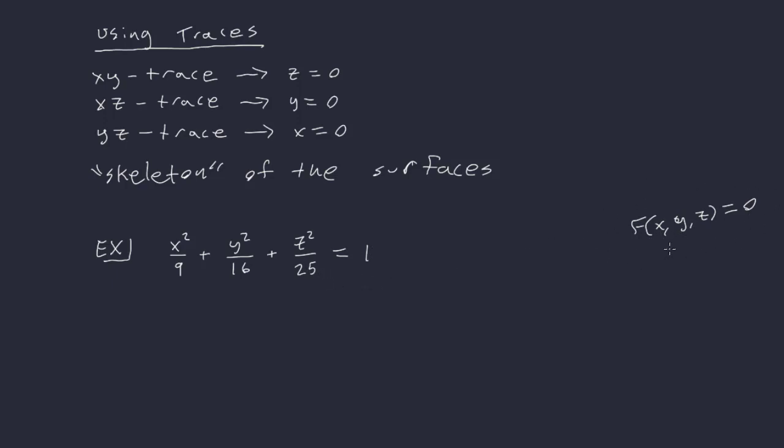This is not z equals a function of x and y, because it's a z squared type thing. If we remember back to our Cartesian formulas, x squared over 9 plus y squared over 16 equals 1 is actually an ellipse.